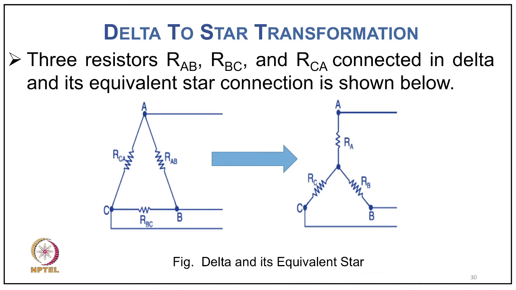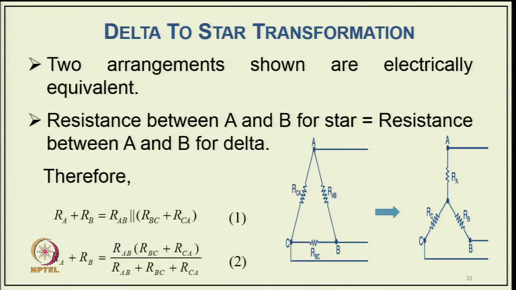So, the 2 networks are electrically equivalent, and the resistance between AB for star and the resistance between AB in delta have to be made equal. You can take 2 terminals like AB, BC, CA, so you have to write 3 equations from both the delta and star networks.